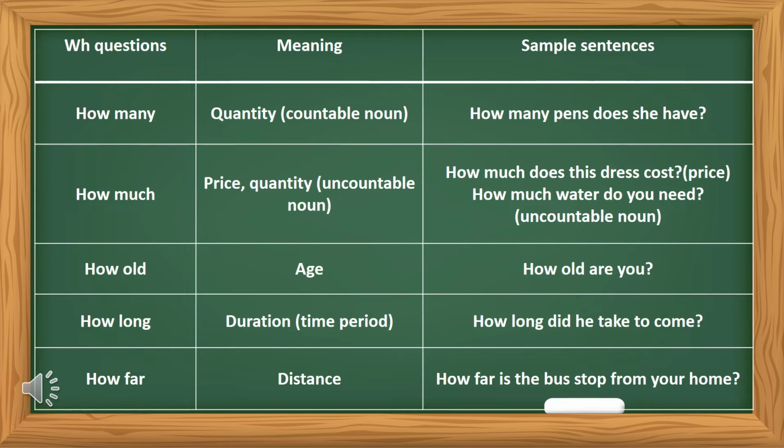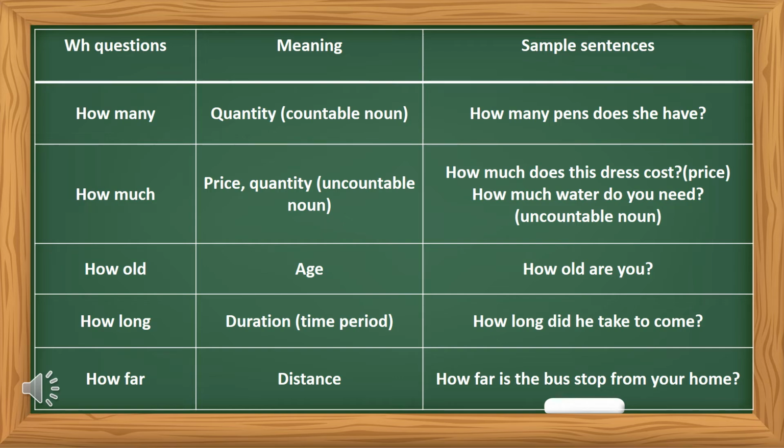We use how long to talk about the amount of time something takes. How long is basically used to know the amount of time. So the example we can see, how long did he take to come? Maybe he took 3 hours or 3 minutes. So it indicates duration or time period.